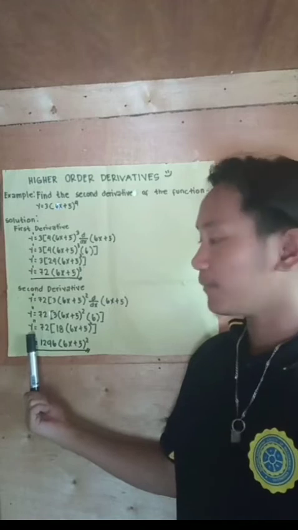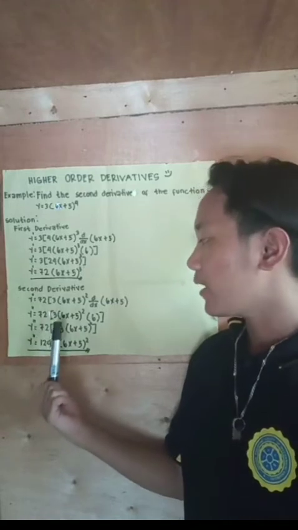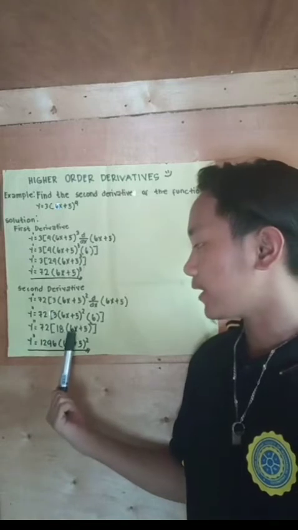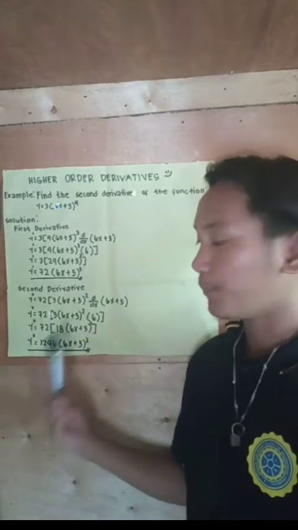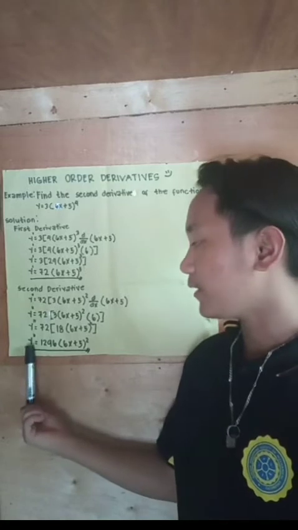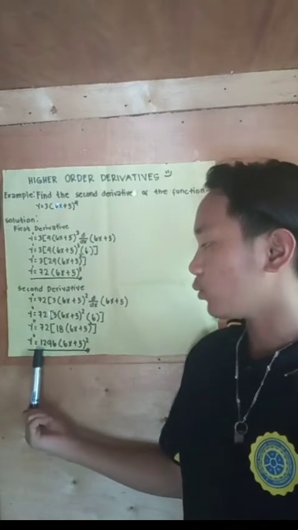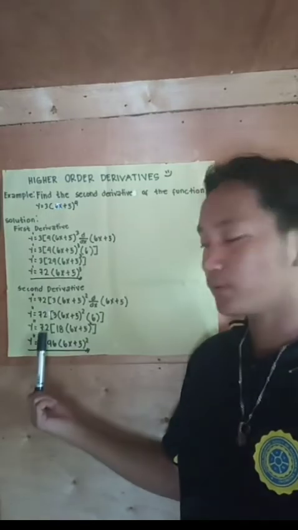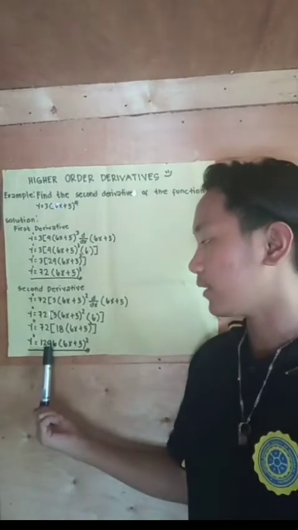So second derivative equals 72 times 18 because 6 times 3 is 18 times the quantity of 6x plus 5 squared. Copy ra. And our second derivative is 1296 times (6x plus 5) squared because 72 times 18 is 1296.